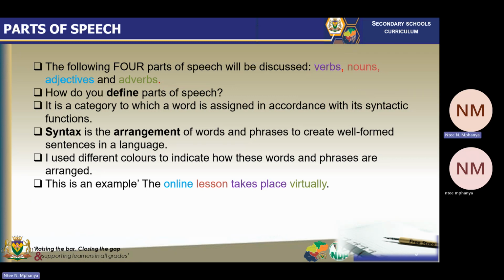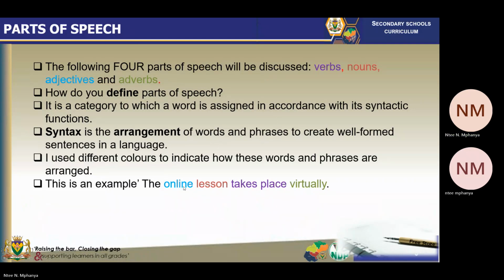Look at the following sentence. The online lesson takes place virtually. As I indicated, I use different colors to indicate how these words or phrases are arranged.